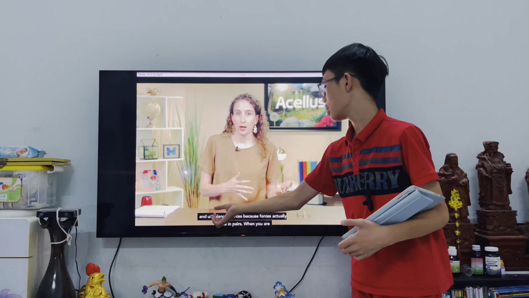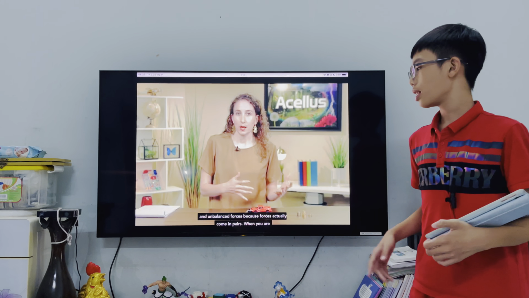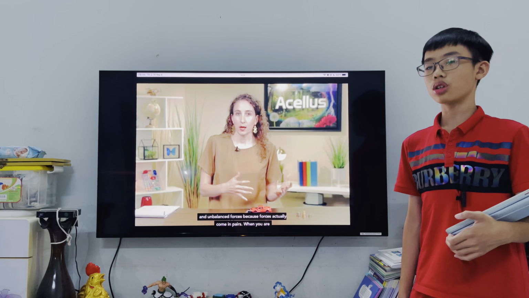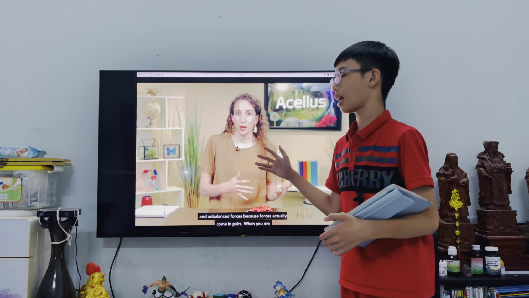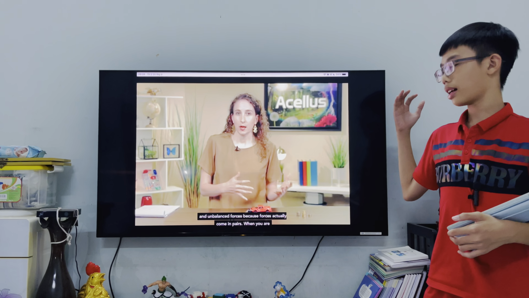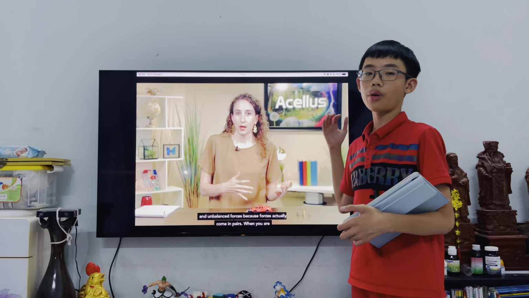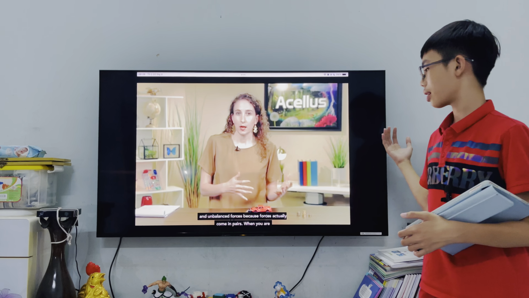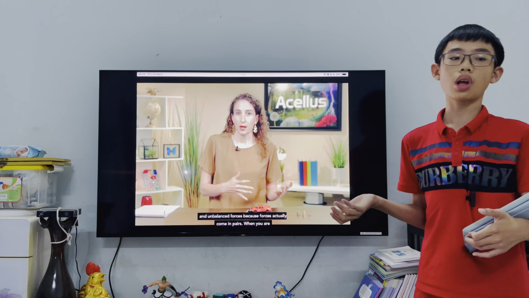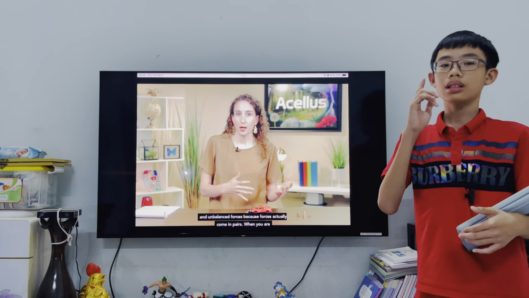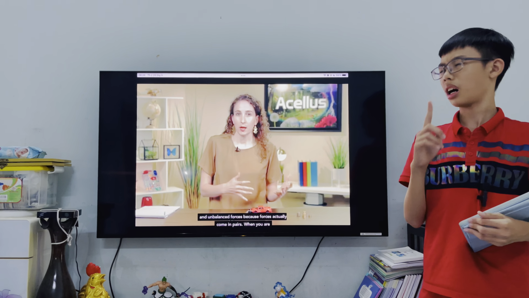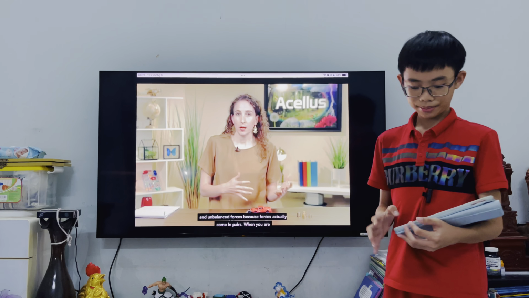When you pull this and you also pull this, it is a balanced force. And when a balanced force comes, it actually comes in pairs. So when it is in pairs, it's not moving. It just stays in one place.